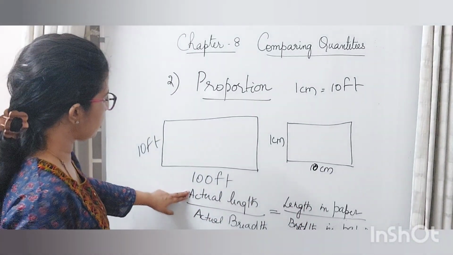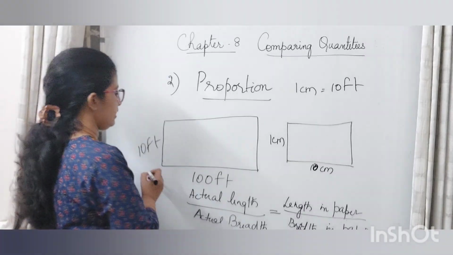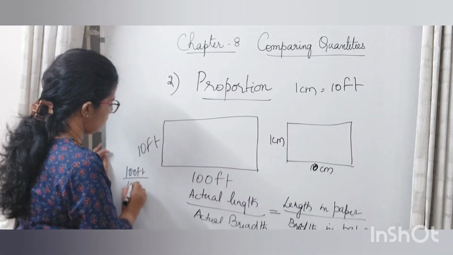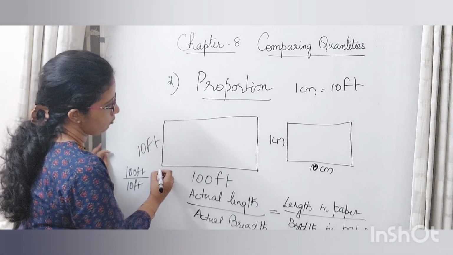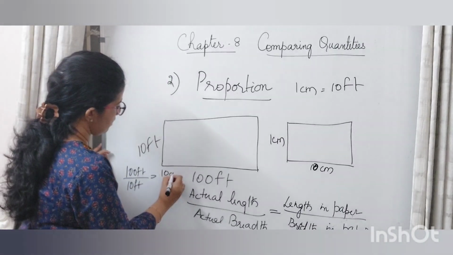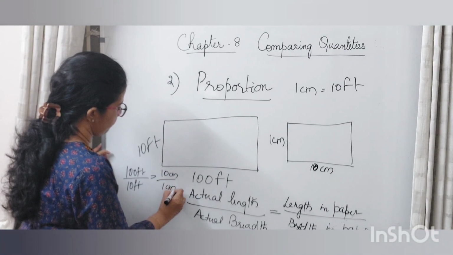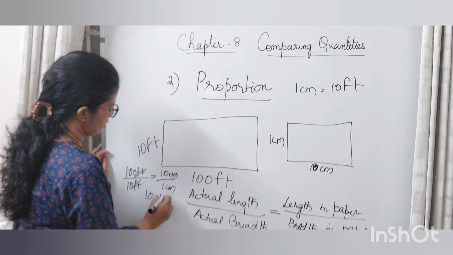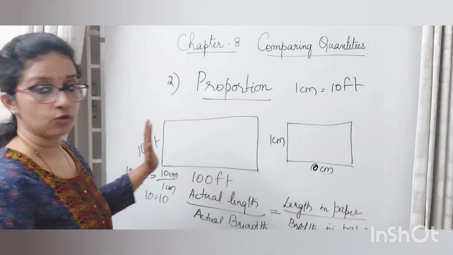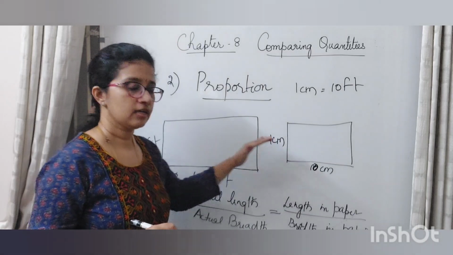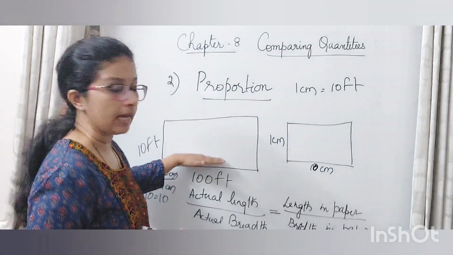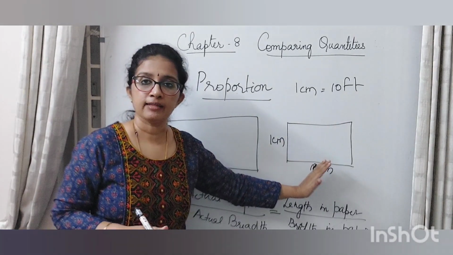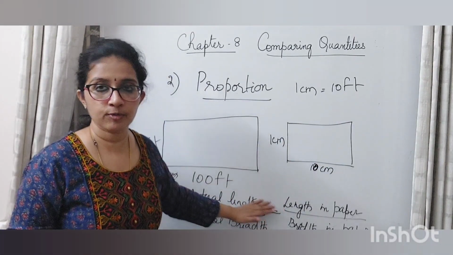See, what is actual length? 100 feet. So we can write 100 feet by 10 feet equal to 10 centimeter by 1 centimeter. Okay, so you will get 10 is equal to 10, which is correct. So for two things to be proportionate, each and every parameter of one thing should be proportionate to the other one. Okay, clear with this proportion?